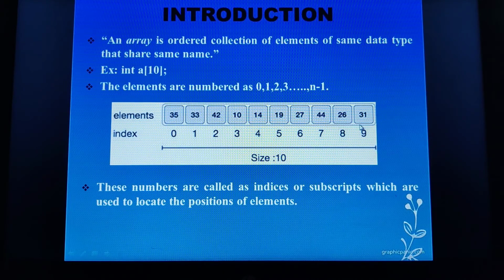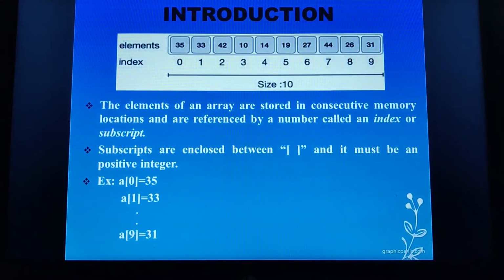Moving on to the next slide here. Now look at this: how the array elements are being stored in the memory. Till now we have seen programs wherein we have taken only one element or two elements and then done the calculations.